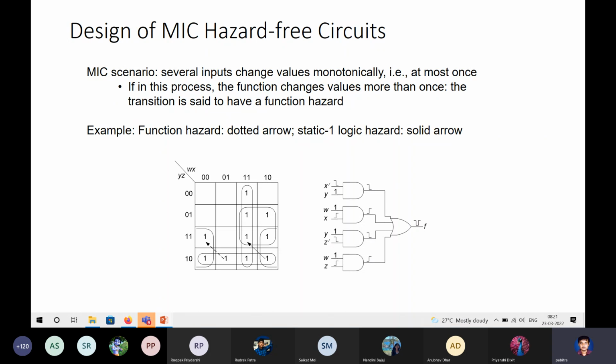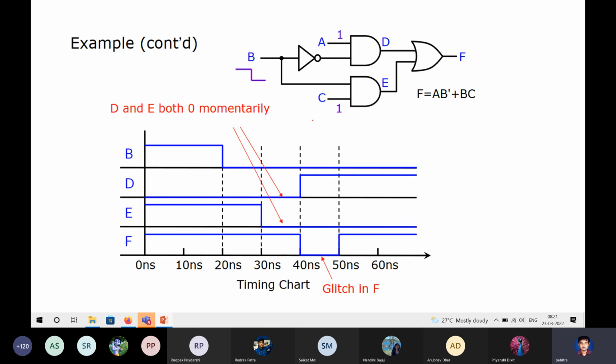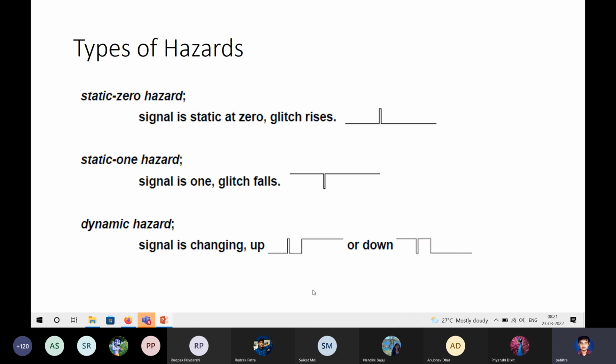So an alternate approach is that you wait for some time. You wait till it stabilizes. After that, you look at the output. You consider the output. So how do you decide how long to wait?